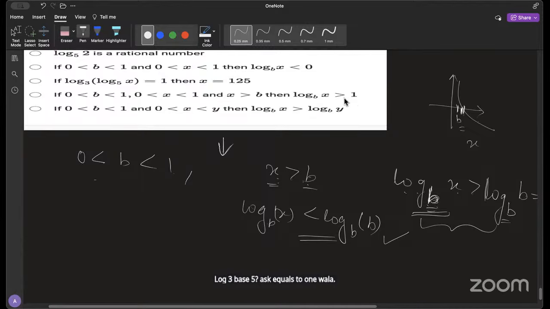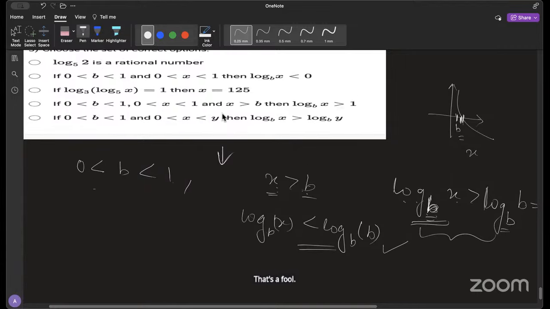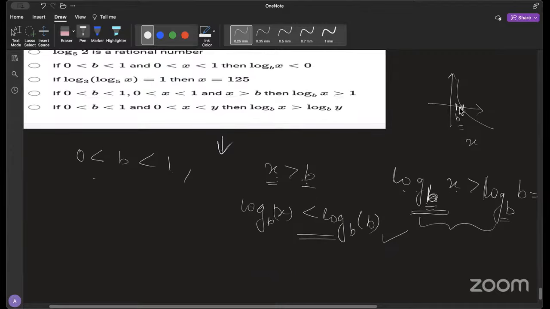Yeah, this one. That's option 4. Okay, this one, yeah, this is the fourth one, sorry. For x, from here, you can just tell that x is less than 1. You've been asked about this log base b x, and you have to compare it with 1. So when x is smaller than 1, obviously it is a decreasing function, so it will be greater than 1, because the value will be on the other side of 1.